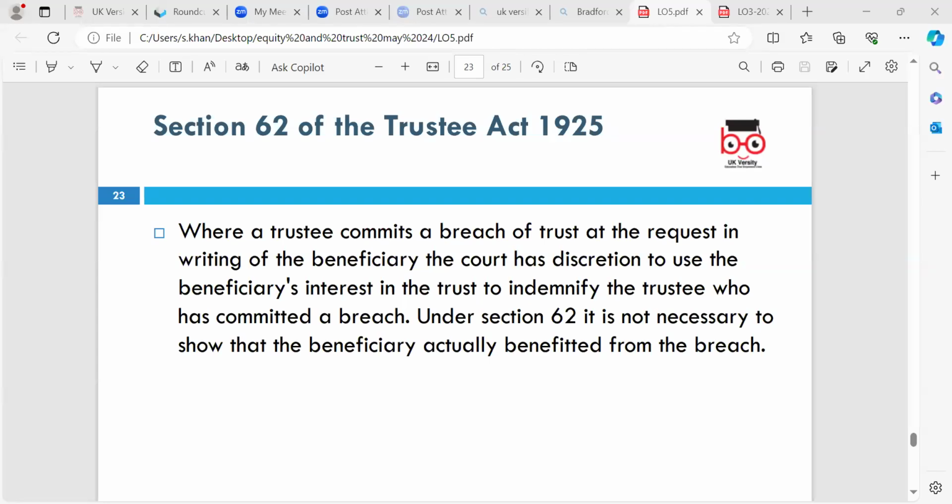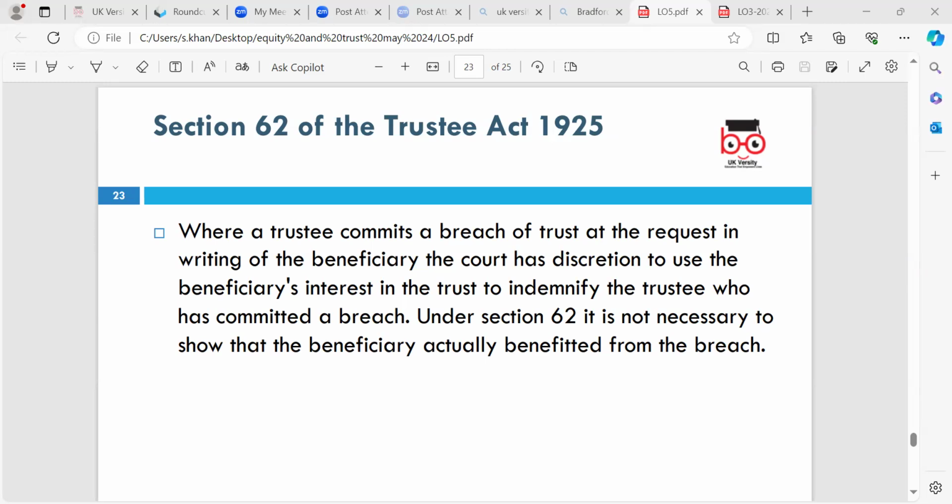So Section 62 is where a trustee commits a breach of trust at the request in writing of the beneficiary. The court has discretion to use the beneficiary's interest in the trust to indemnify the trustee who's committed a breach.